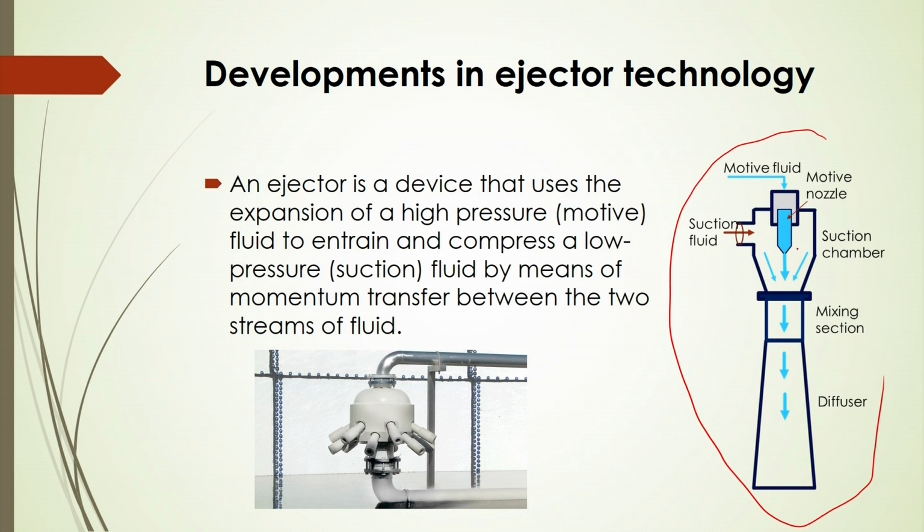Now, whenever this liquid jet passes through the suction chamber, there will be a dragging or sucking of the gas, which may be different types of gas, or maybe directly atmospheric air, that will be sucked by this liquid jet. It comes through the mixing section at this location, and after that it goes through the diverging section.